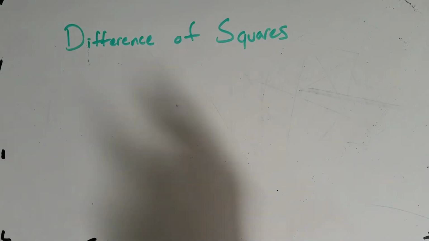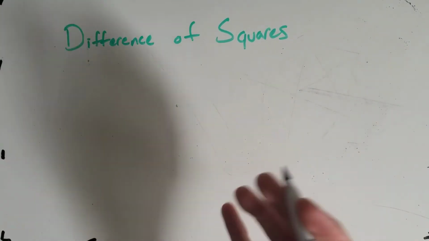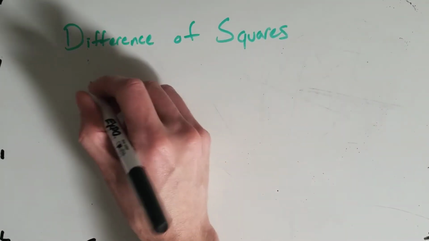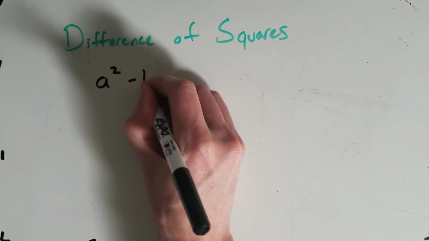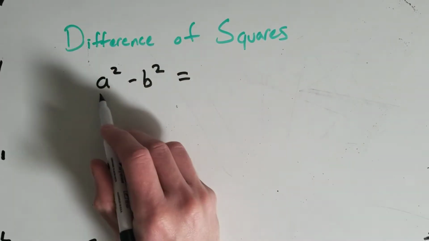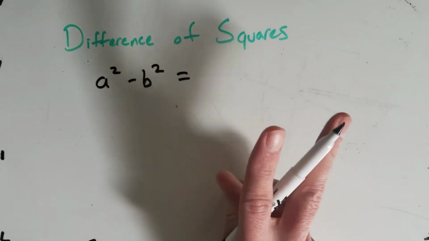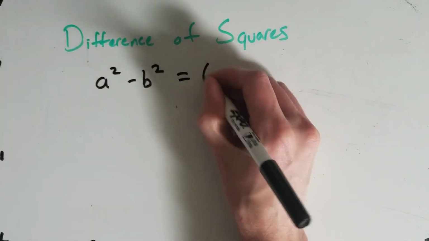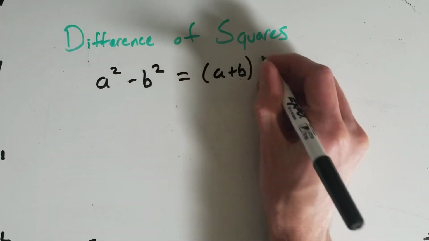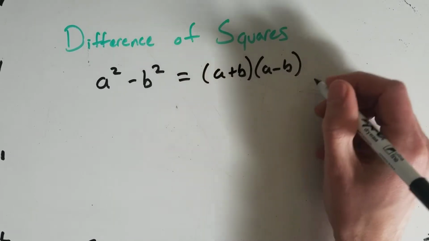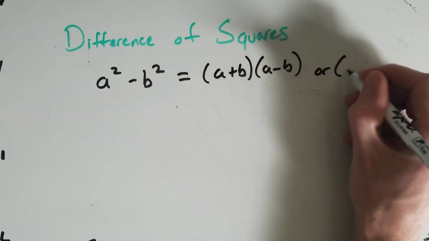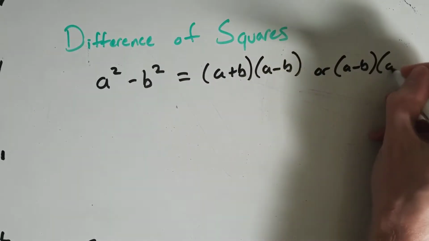So when factoring, if we ever have a squared minus b squared, a perfect square minus a perfect square, two terms, it's going to factor to be a plus b times a minus b, or a minus b times a plus b.